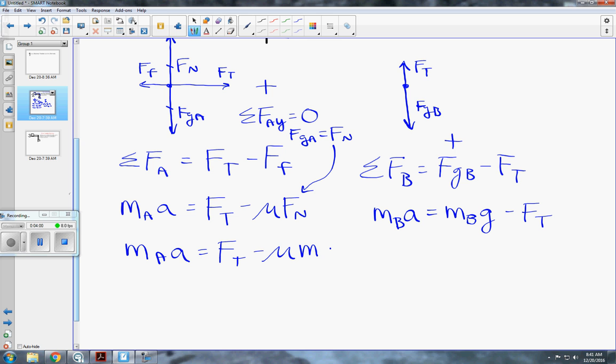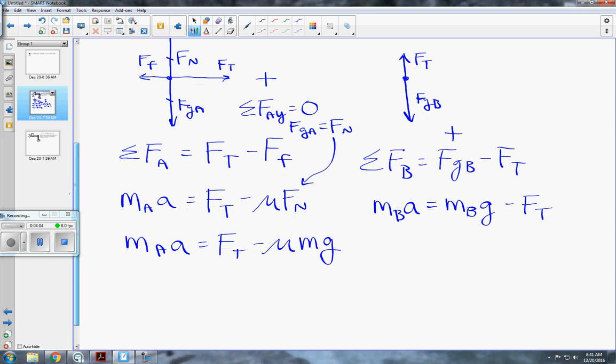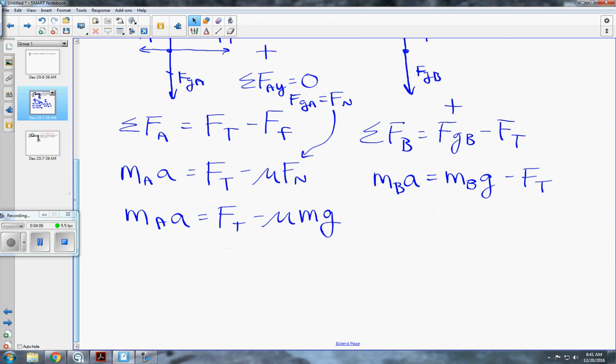So that'll be mg. And so now I've basically got two equations and two variables. My variables are acceleration and force of tension. So I have a system of equations. And from here, you've basically done the physics, and now you have to do some algebra.